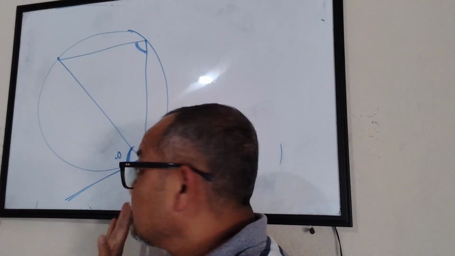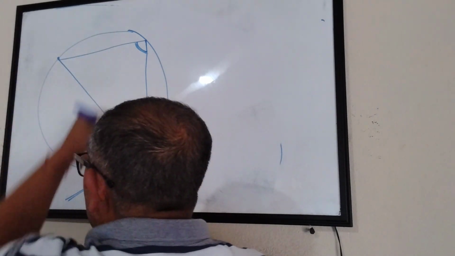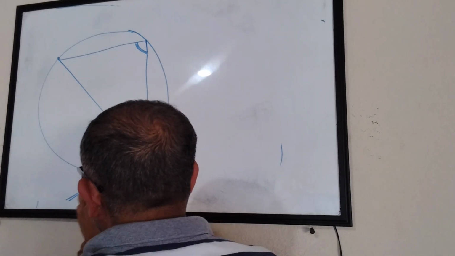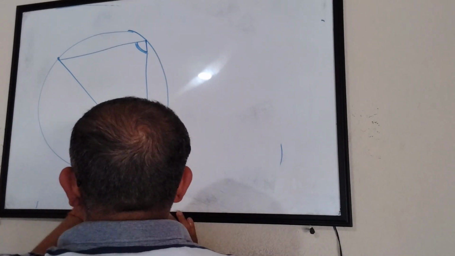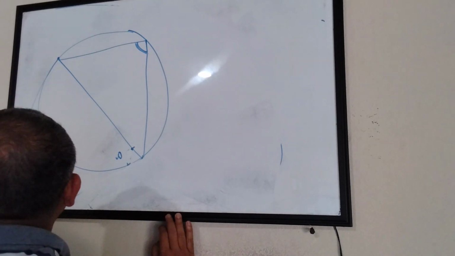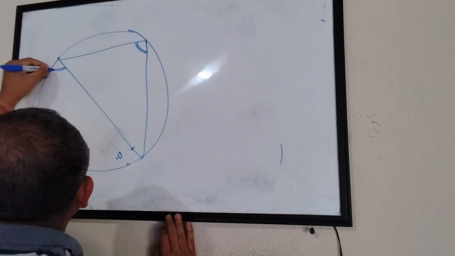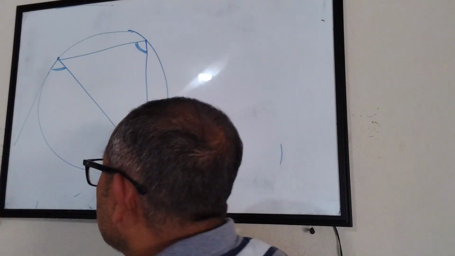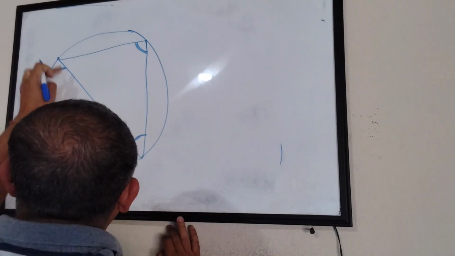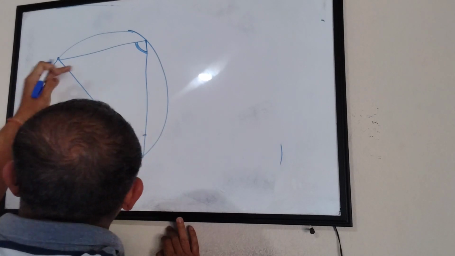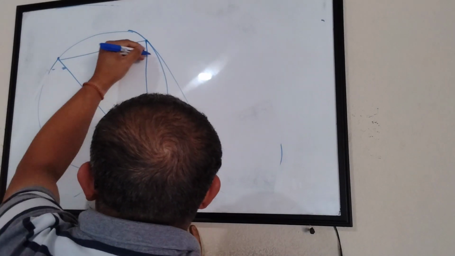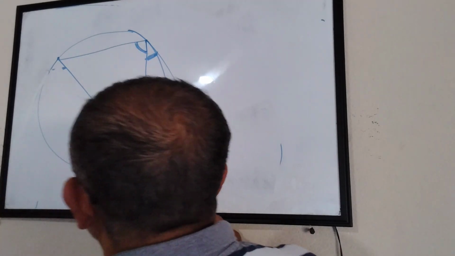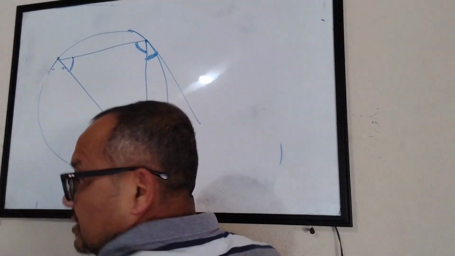In any circumstance, if you have 3 points on the perimeter and you draw a tangent from one of the angles, if I choose to draw a tangent here, then this angle will be equal to this angle. That's what it says. Similarly, if I chose to draw a tangent on this point, then this angle made by this chord is going to be equal to this angle.